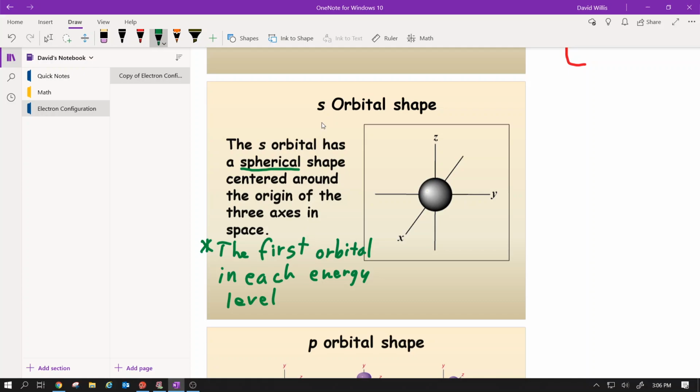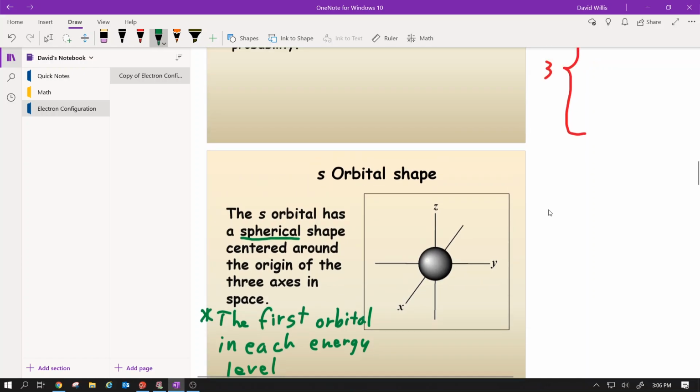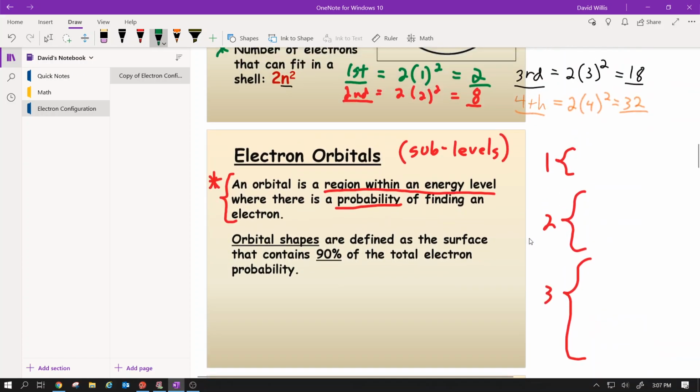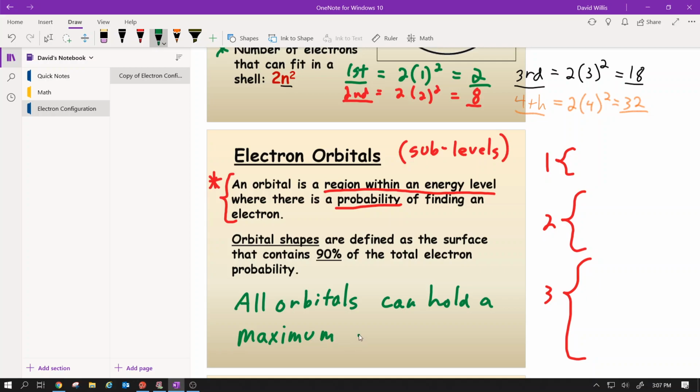All right. Hey, so our s orbital is a sphere. And all the orbitals, let me see if I told you this earlier. I'm going to go ahead and add something here. All orbitals can hold a maximum of 2 electrons.